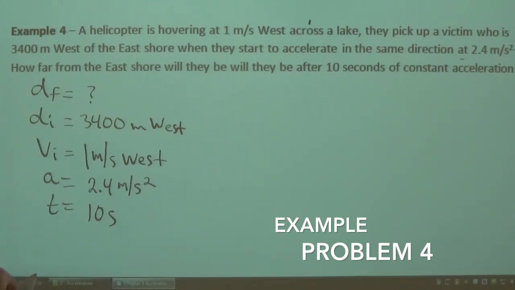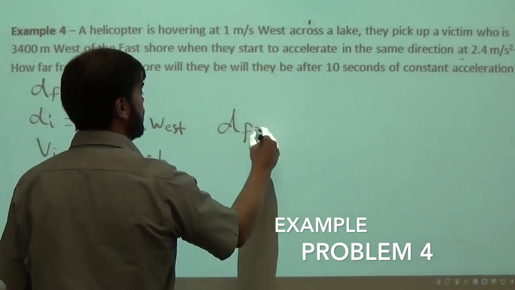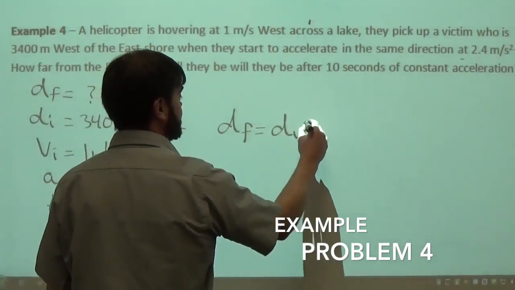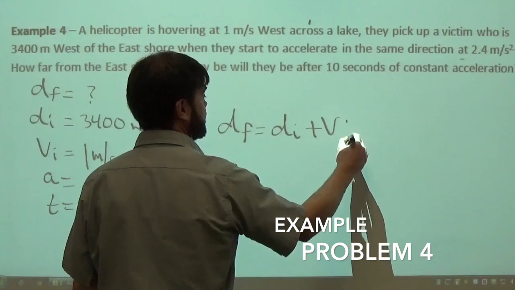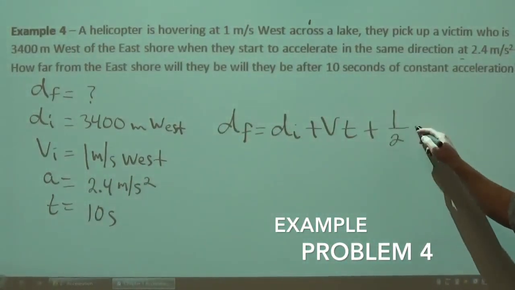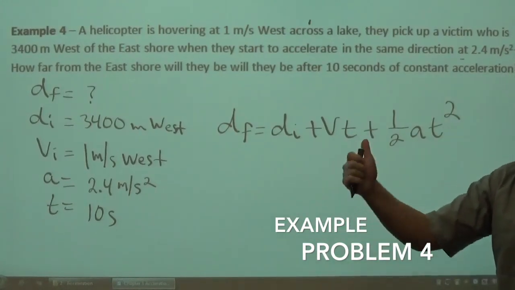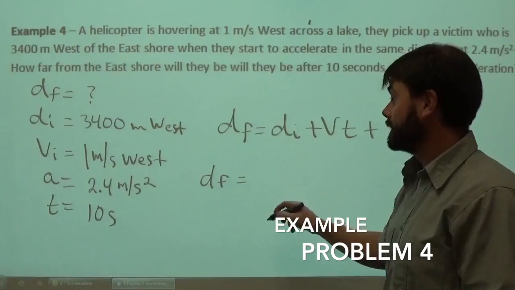So we're trying to find distance final. Our equation is just as we listed before: distance final is equal to distance initial plus velocity initial multiplied by time plus 1/2 AT squared. We'll take all the knowns, plug them in, and then solve.